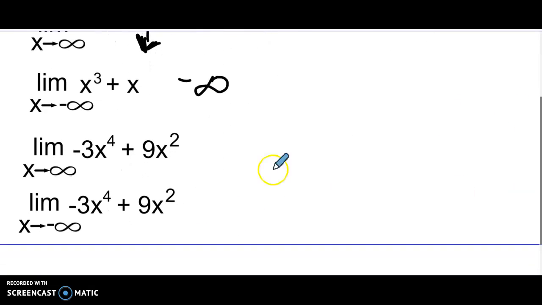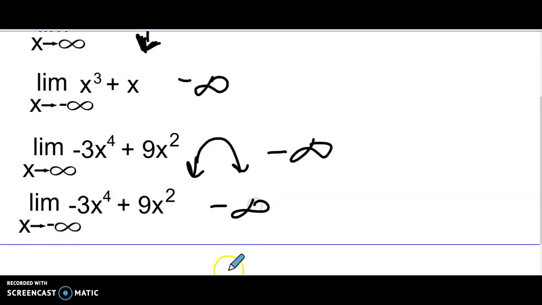However, something like this is a 4th degree, negative leading coefficient. I know it looks something like this. So as x is getting big, y is going to negative infinity. And as x is going to negative infinity, y is going to negative infinity. Okay? Your answer to these is either infinity or negative infinity with polynomials. And the key is look at the end behavior, and that'll tell you the limit as x goes to positive infinity.